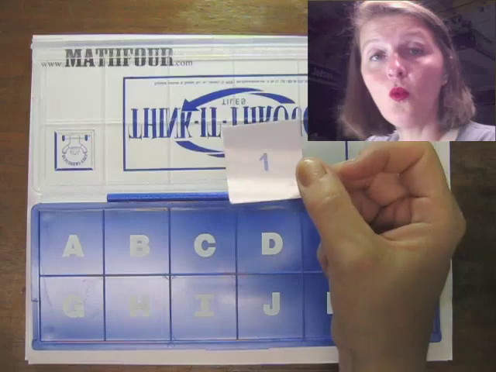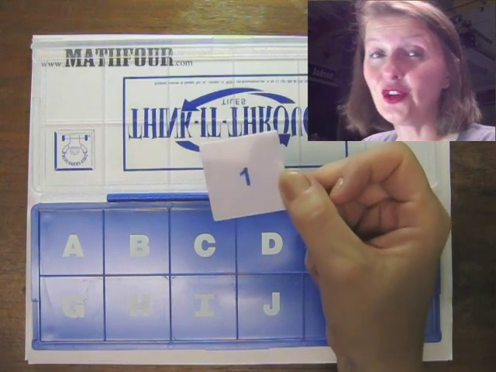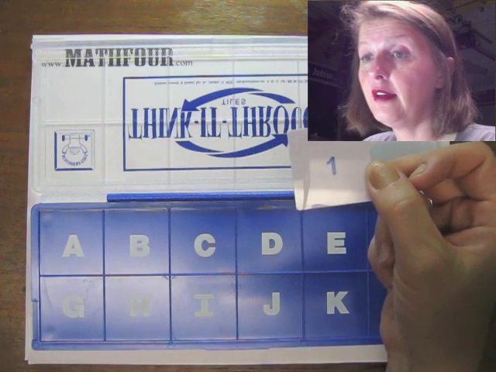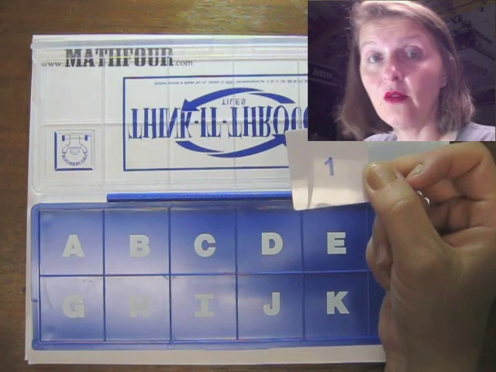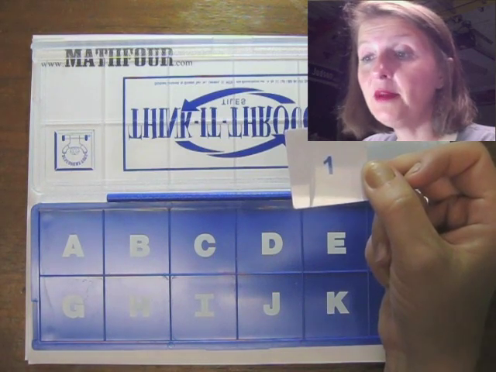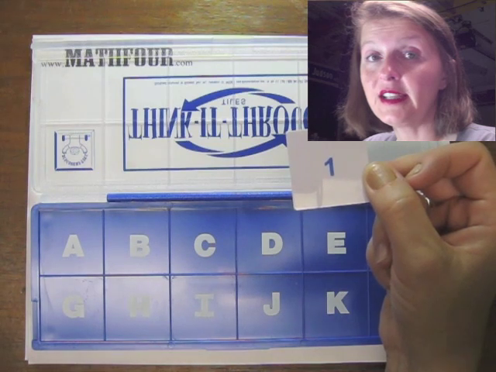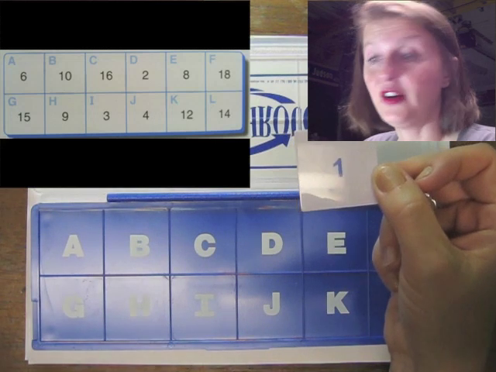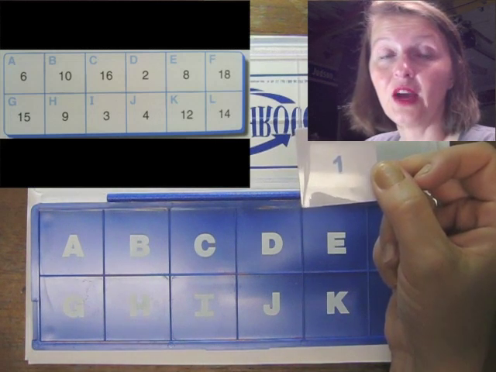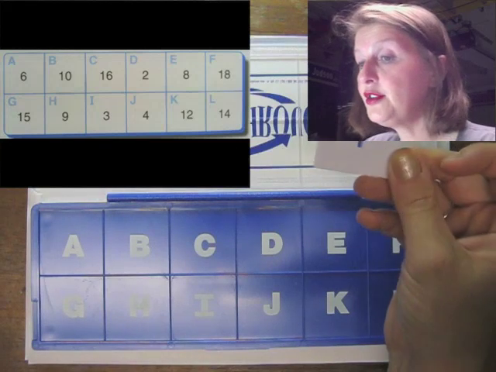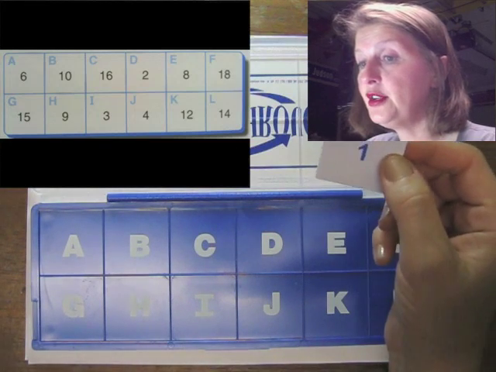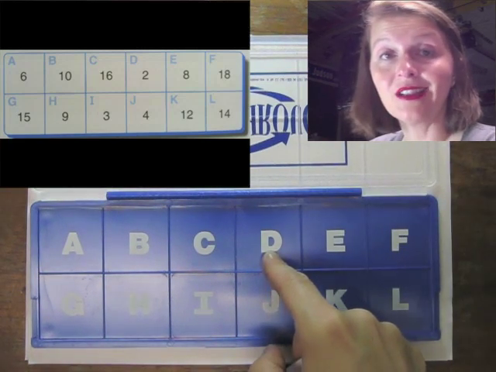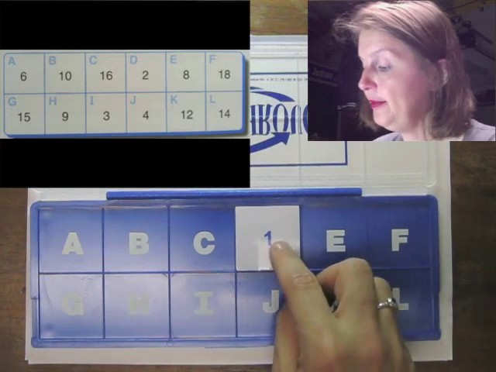So I'm going to take the 1 designating the first problem, and look at the question set. First problem is 1 times 2, and then I look at the answer box, which you see has now appeared in the area to the top left of your screen. So you see that 1 times 2 is 2, and that corresponds to box D. So I'm going to put that there.